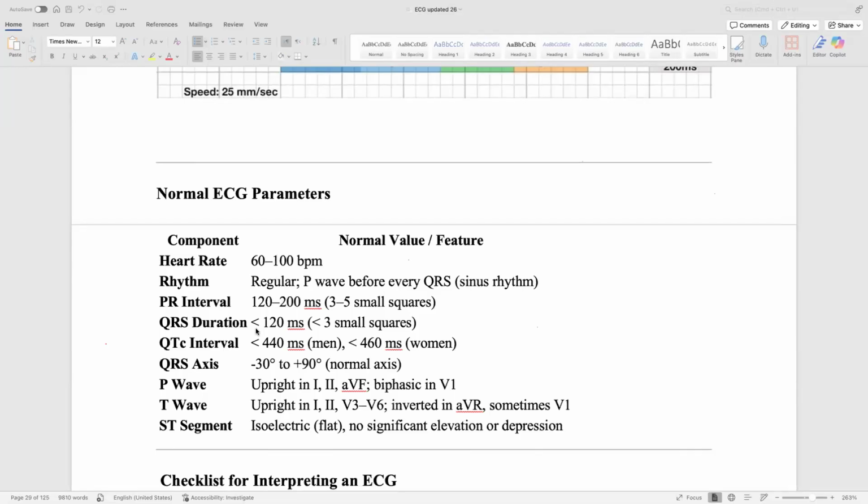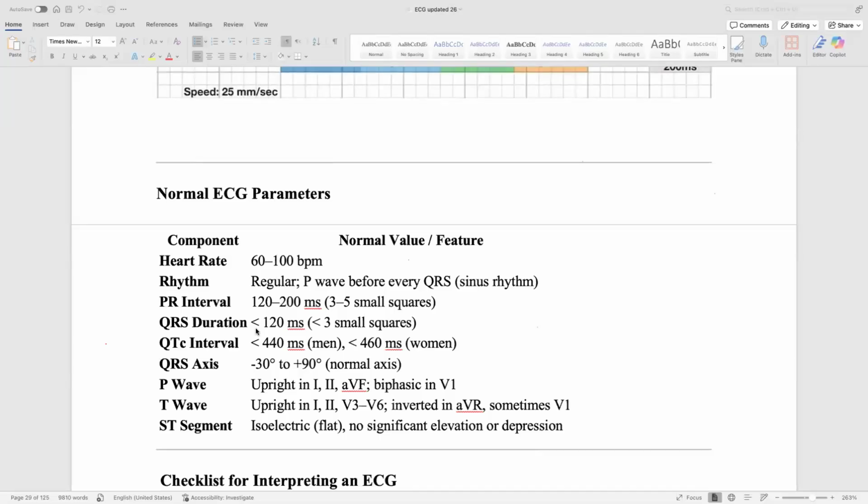Okay, a short PR interval: what are the differential diagnoses or causes of a short PR interval? WPW, junctional tachycardia, re-entry tachycardia. WPW syndrome, yes.